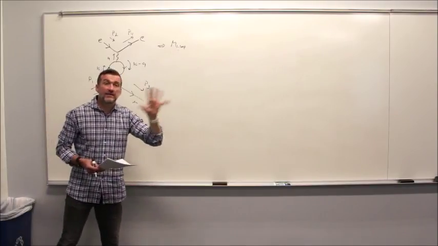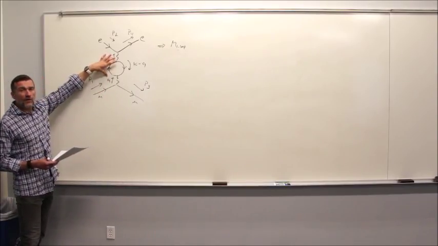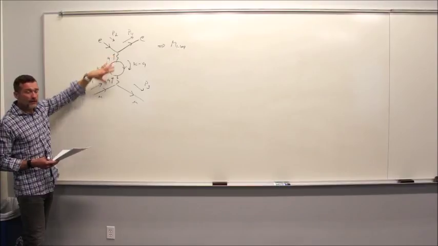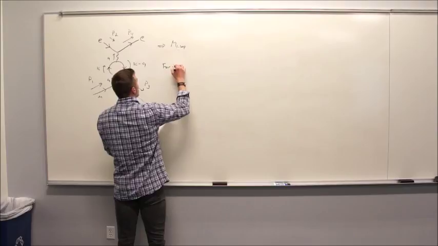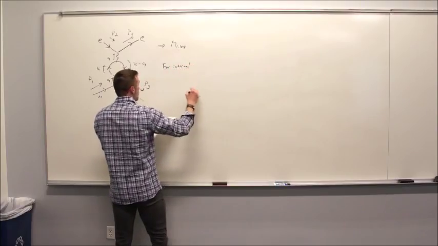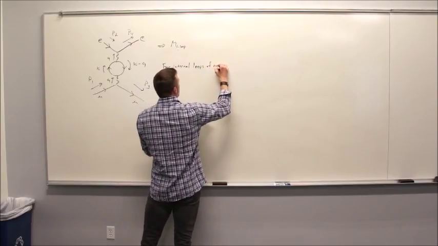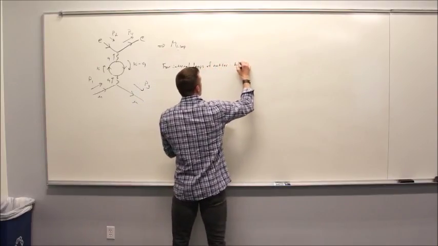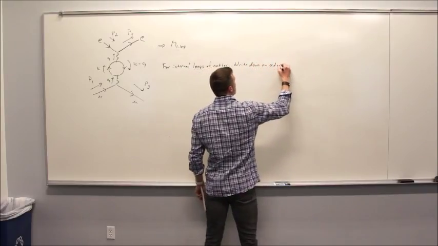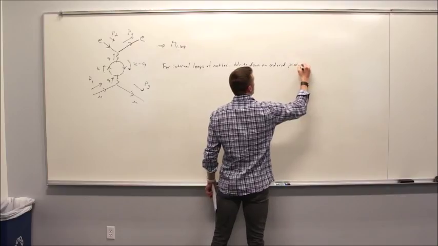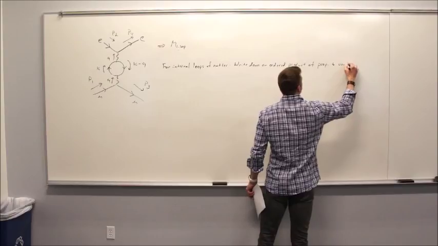Well, you don't have to guess. This is a new rule. I'm going to give you a new rule. So if you encounter an internal loop of pure matter, then the rule is the following. And then I'll write down the expression applying the rule. For internal loops of matter, write down an ordered product of propagators and vertex factors.